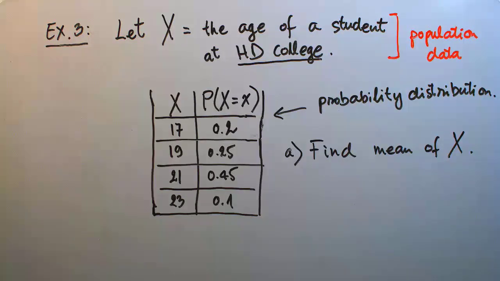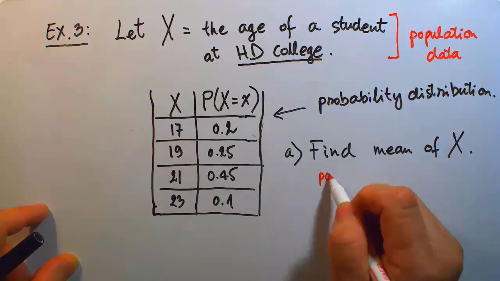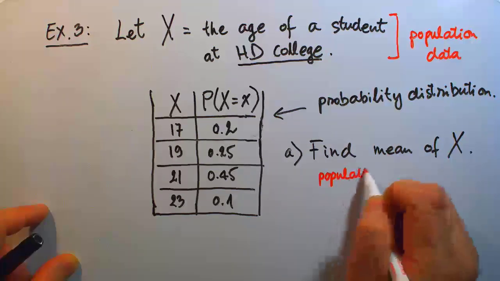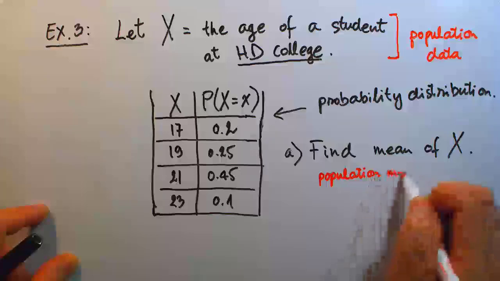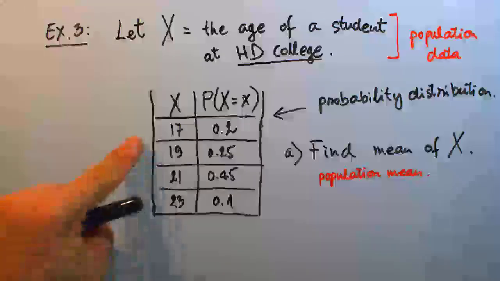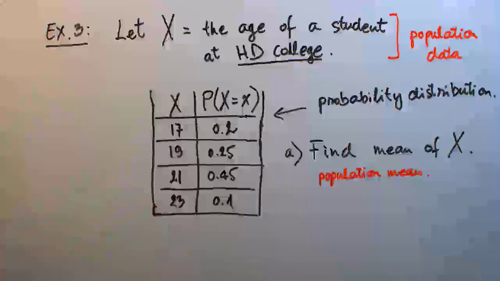That means what we're looking for here is the population mean, simply because we already ignore the data and never ask what the n count is.